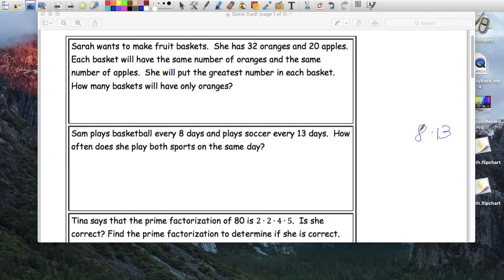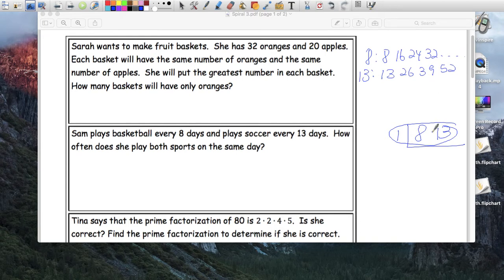So 8 and 13, find the LCM. You can do this. The only number that goes into 8 and 13 is 1, so I know that I'm going to multiply these. If you wanted to, be my guest. You can list your times table, 8 times 1, times 2, times 3, times 4, and so forth, until you find a multiple, a number that shows up in this line, it's the same.